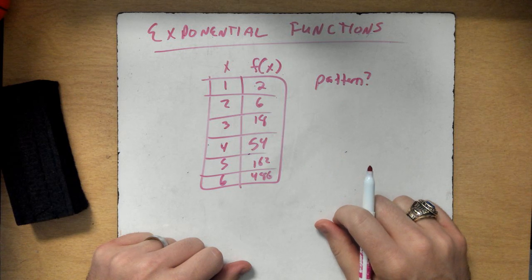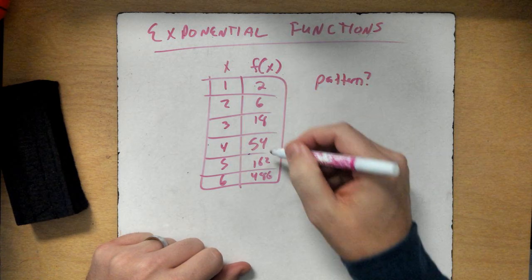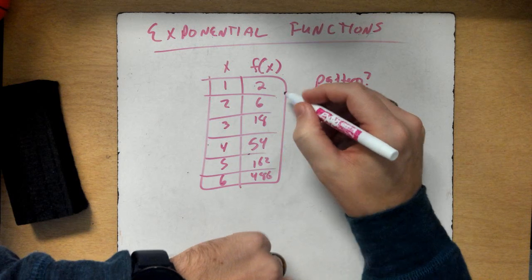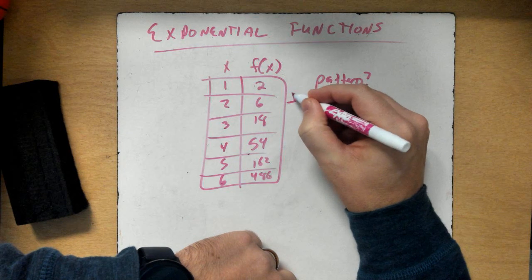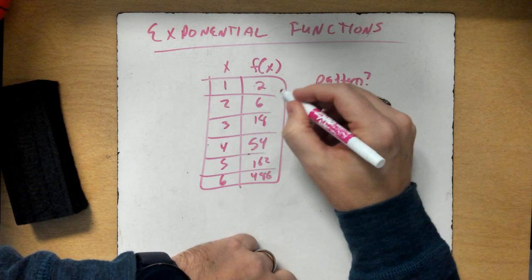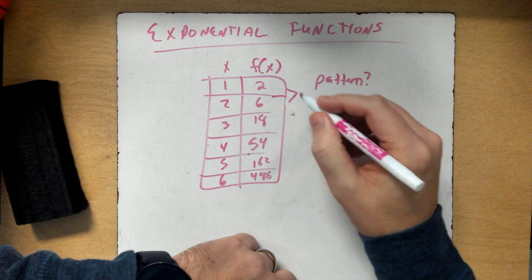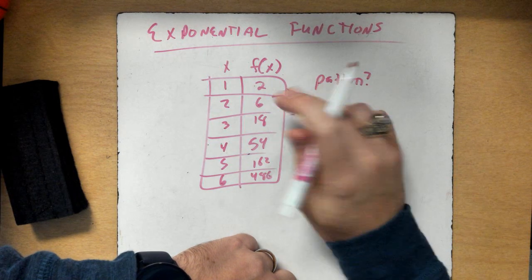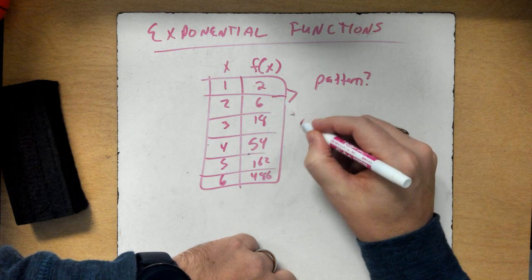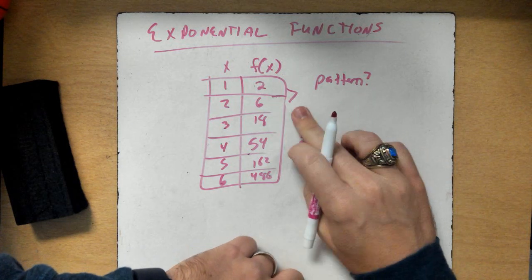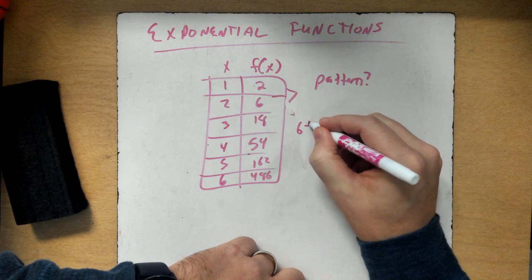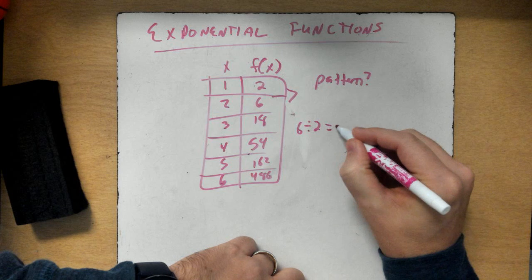To figure that out, we're going to look at our numbers here, and we're going to take our first two numbers, 6 and 2, and divide the bigger number by the smaller number. So we're going to do 6 divided by 2, and that equals 3.